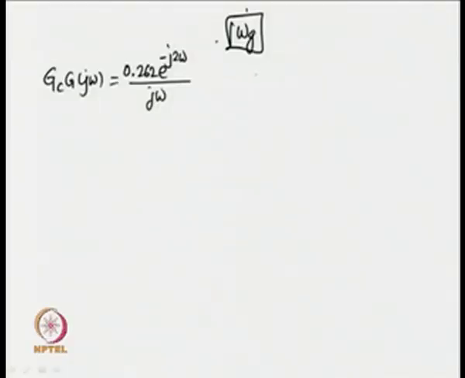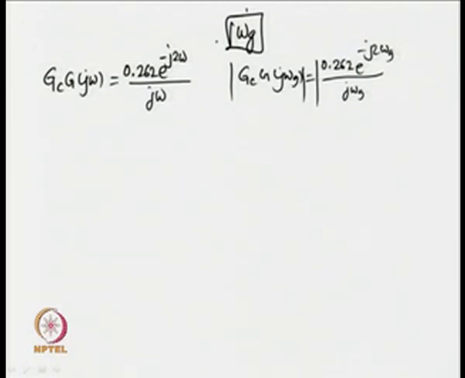To find that, what we have to do is set the magnitude of G C G j omega g, equal to 0.262 e to the power minus j 2 omega g upon j omega g, equal to 1.